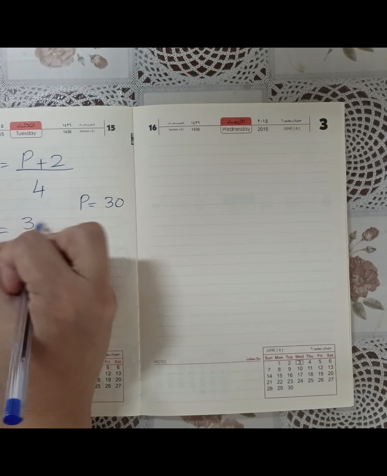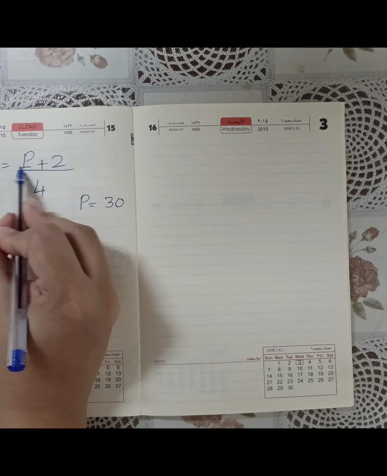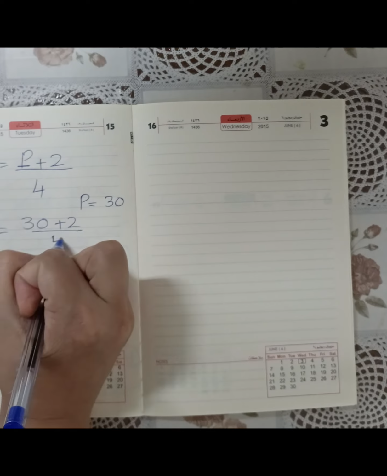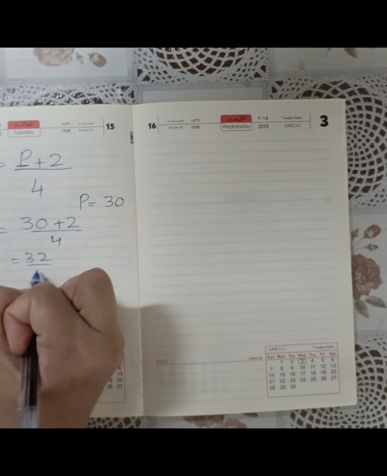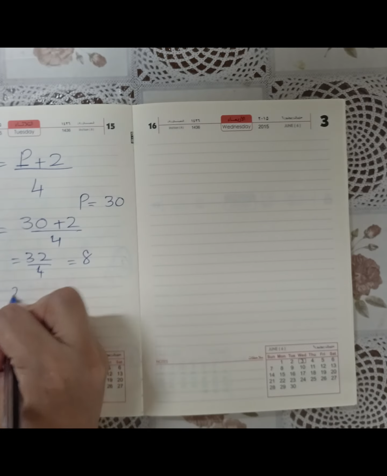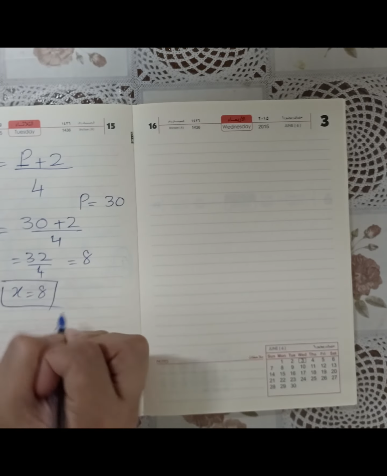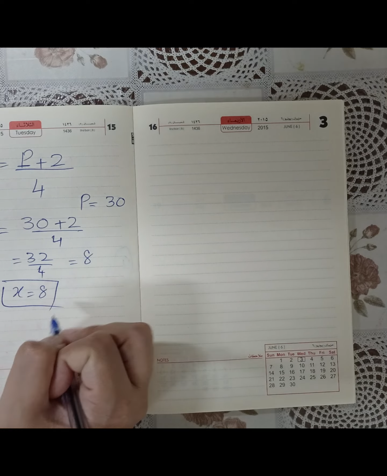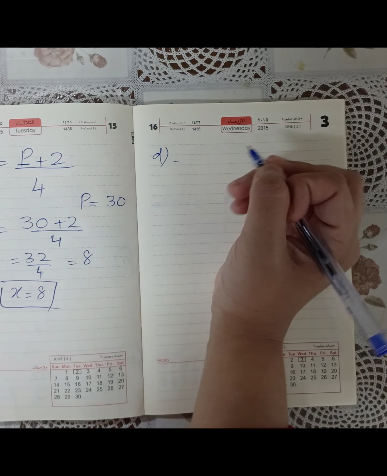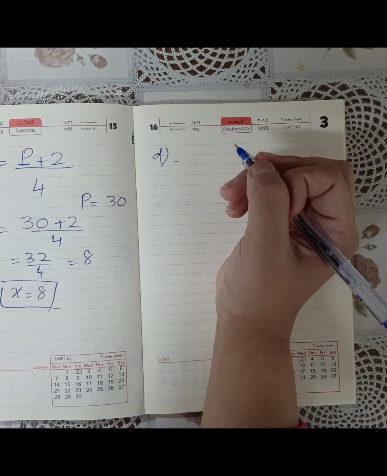So where there is p, I will substitute its value. 30 plus 2 divided by 4, 32 divided by 4, and I will get 8. x will be 8.